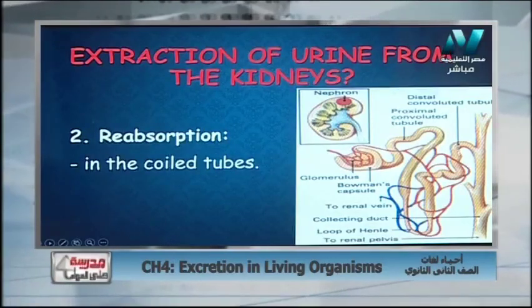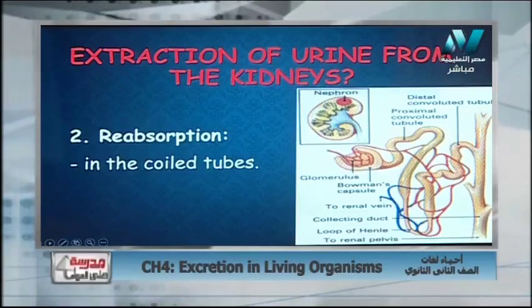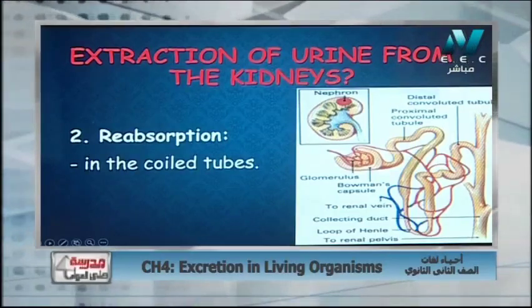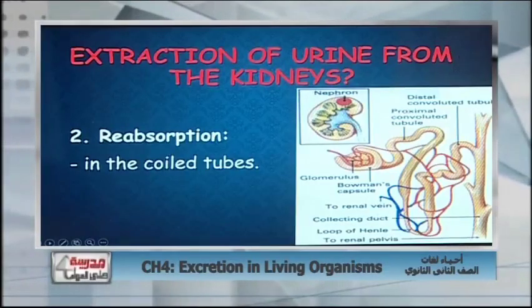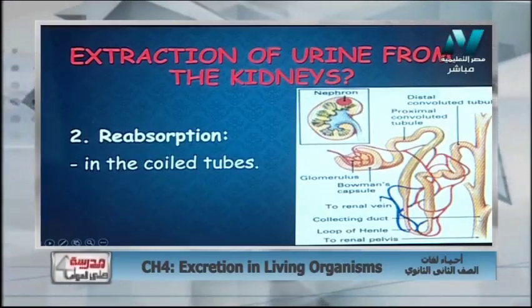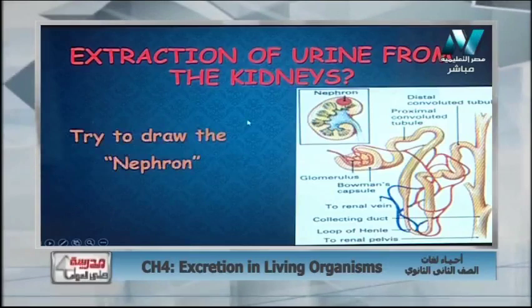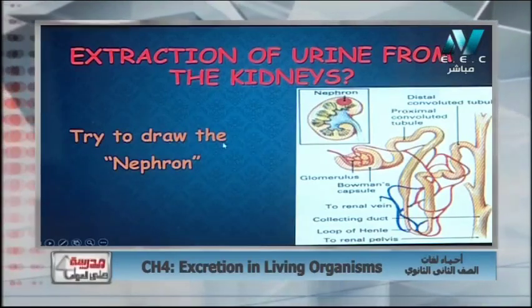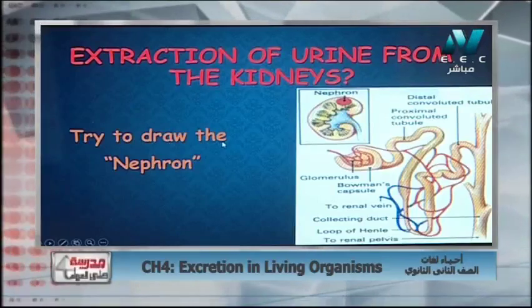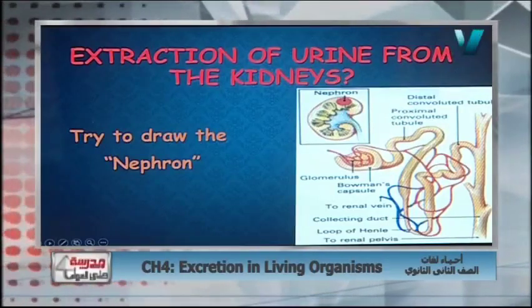And as you see, the urine goes into the collecting duct, and we will see how the collecting duct conveys this urine outside of the body. Okay, so don't forget 2 steps, the filtration and reabsorption.